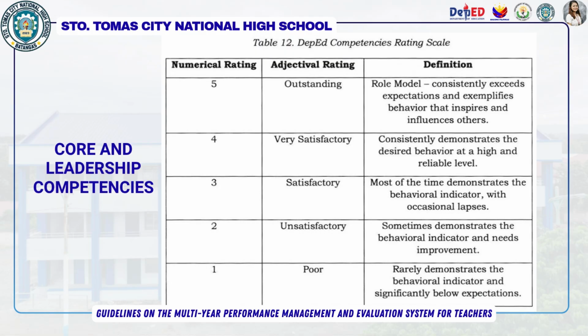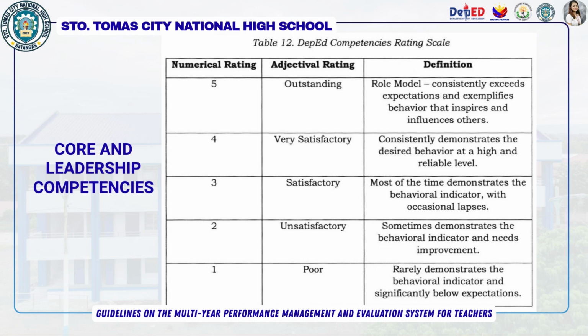Your core and leadership competencies are rated using a 5-point scale with specific definitions. 5. Outstanding. Consistently exceeds expectations, exemplifies behavior that inspires and influences others. 4. Very satisfactory. Consistently demonstrates the desired behavior at a high and reliable level. 3.